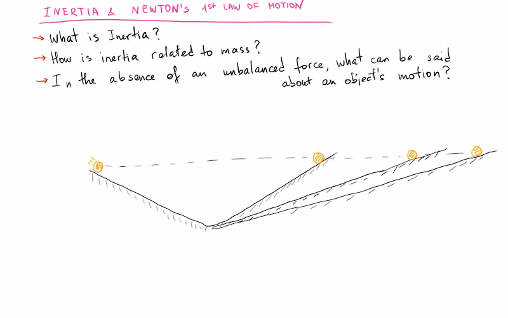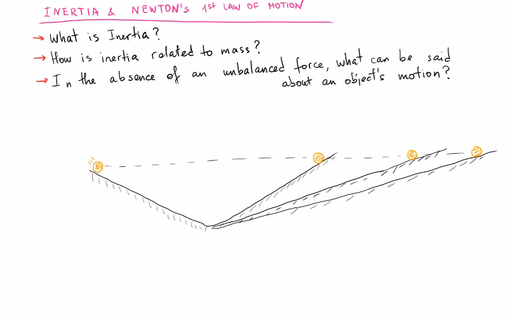So Galileo noted that even though the ball rolled to approximately the same height in each case, it rolled further in the horizontal direction when the angle of incline was smaller.